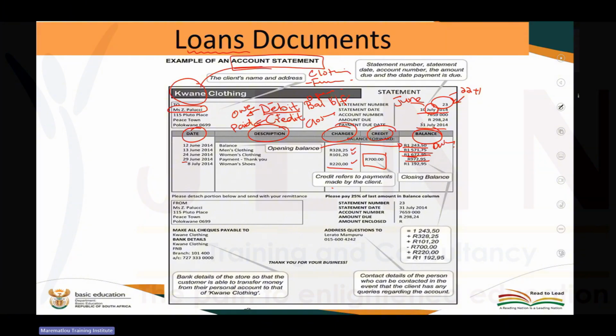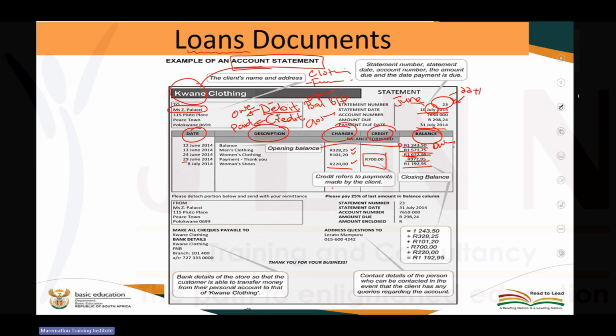It goes back now; we must add it to 972.95. That 220 takes it back to 1,192.95, what you call the closing balance.